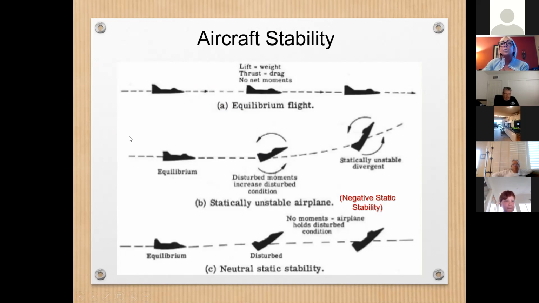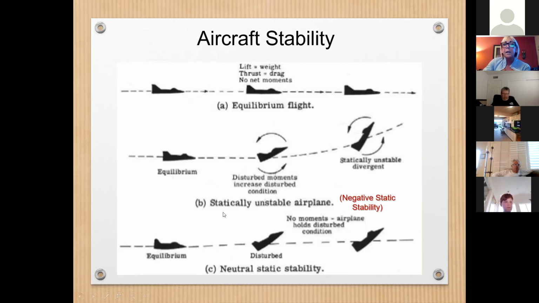Fighter jets tend to be unstable because they want to get rid of as much drag as possible. And so they're designing them with swept forward wings and with less camber. So they're the ones that you have to fly all the time.